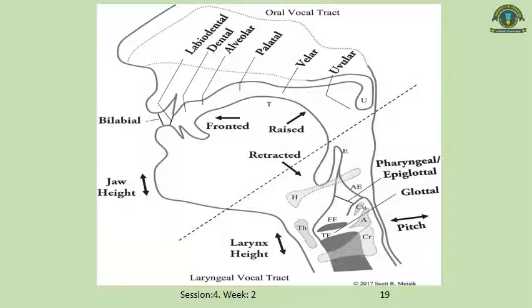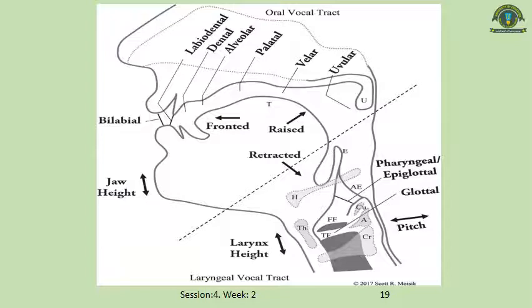You can see now the neck is there, and on the top, it's very important to understand labiodental, dental, alveolar, palatal, velar, and uvular. On the left side, you can see bilabial. Inside it, you can see the tongue part.